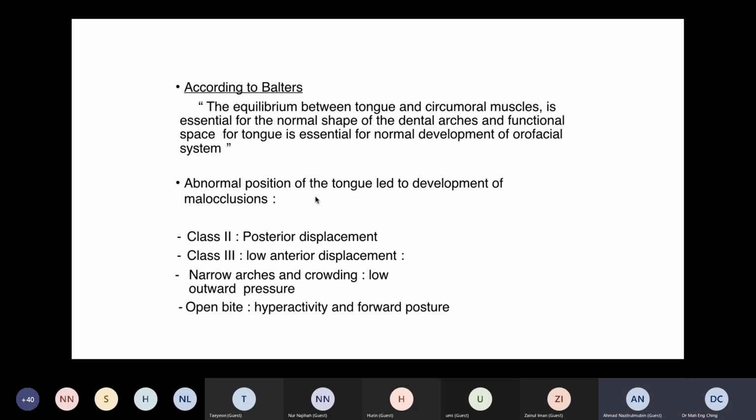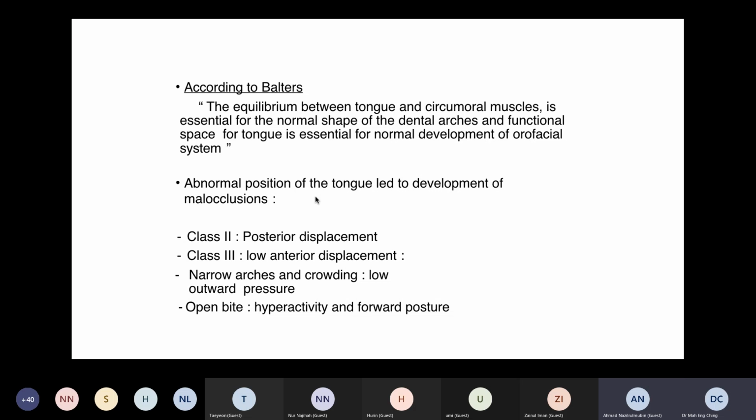So the current concept is that tongue position is very important. You see, the tongue can decide the crowding and the expansion or development of the maxilla. Let's say you put the tongue in the wrong position for a long time, then maybe the patient will develop malocclusions. So abnormal position of the tongue can lead to development of malocclusions.